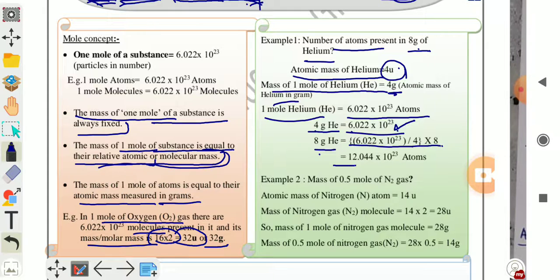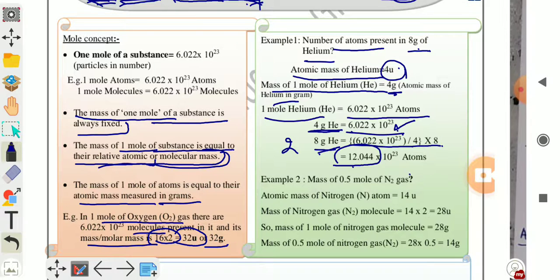So this number will be 12.044 into 10 raised to the power 23. We have to multiply by 2 to this number because 4 gram equal to 1 mole, so 8 gram equal to how many mole? 2 mole.